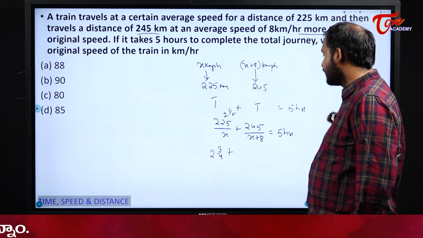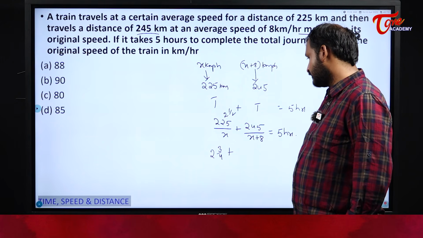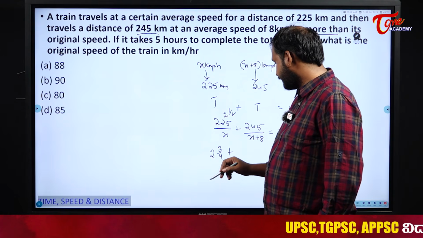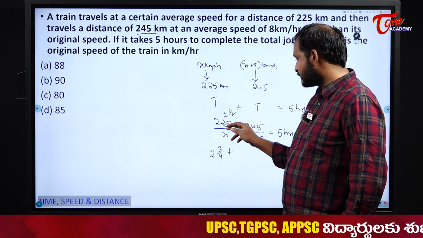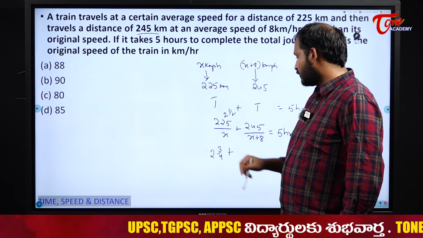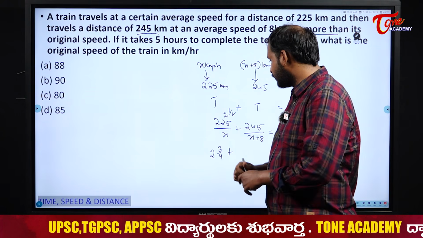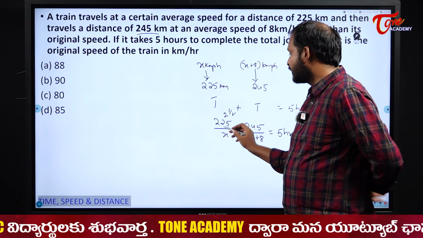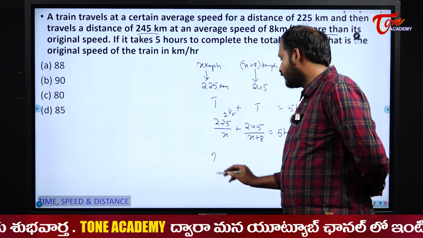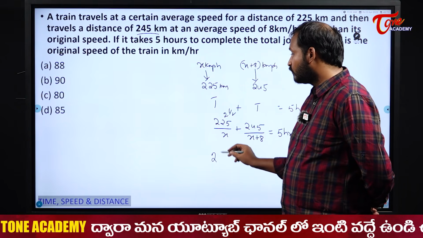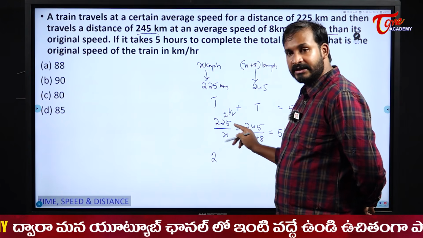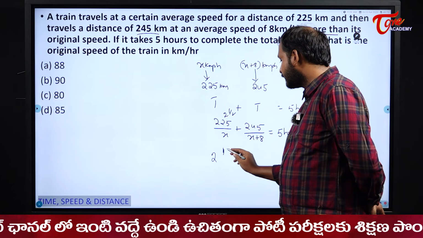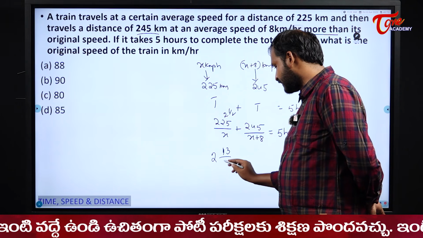Sorry, if I take 80, I will get another value, not this one. 2, 3 by 4 plus, what you will get here? 65 by 80. 65 by 80 means it will become 13 by 16.